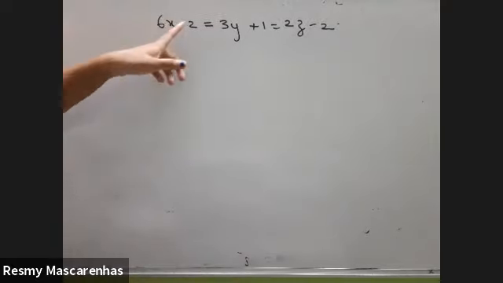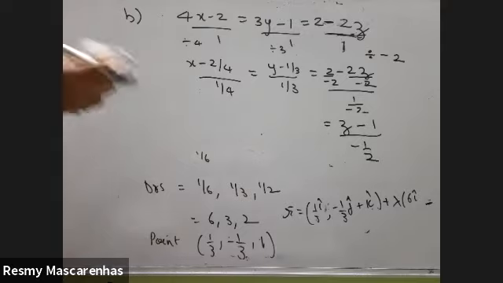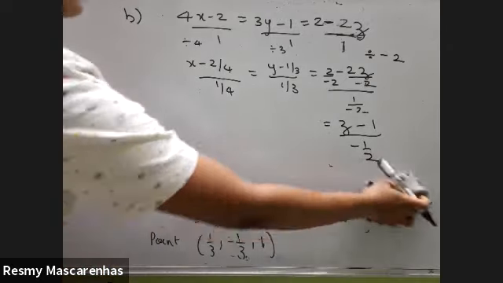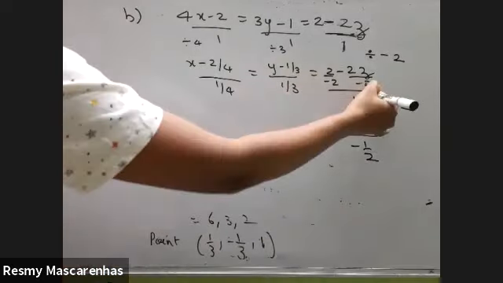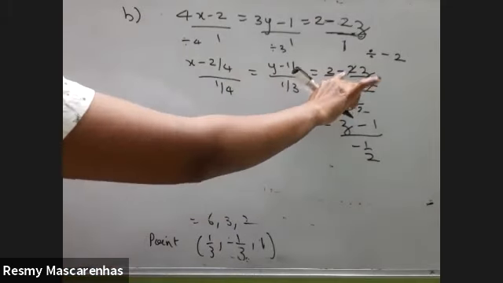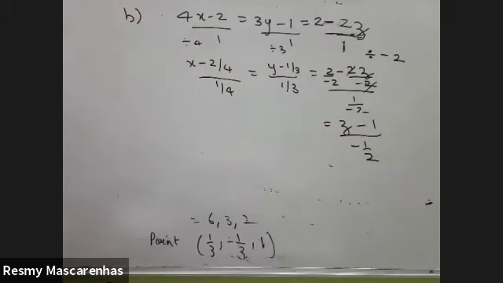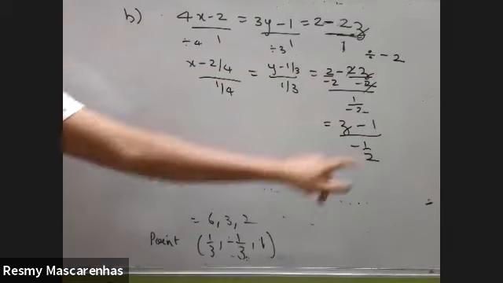So finally we have the same answer. See, 2 and 2 will cancel, minus into minus will become plus, and this minus 1 will go here.